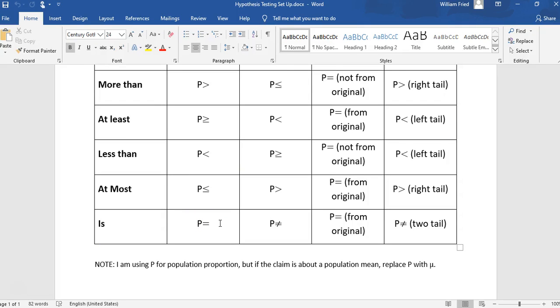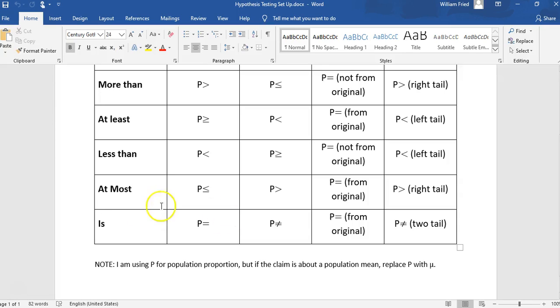So P1 equals P2 is the claim. The opposite is that P1 is not equal to P2. So the null hypothesis is P1 equals P2, and this is from the original claim. And the alternate hypothesis is that P1 is not equal to P2, and that makes for a two-tailed test.